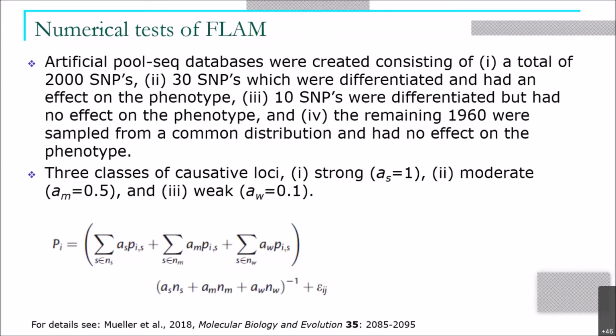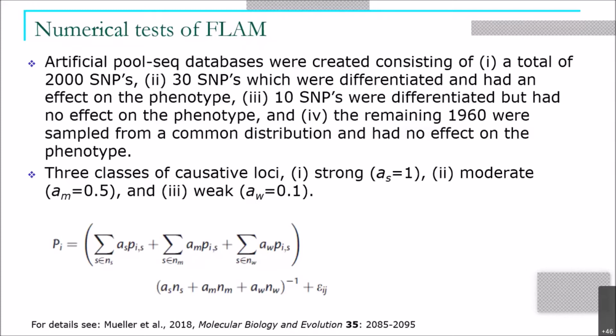And another 30 SNPs did have causal effects on the phenotype, and they were sorted into 3 bins of 10 loci each, where they had strong, moderate, and weak effects, where the strong effects had magnitude 10 times greater than the weak effects. So basically, you've got 5 types of SNPs in this simulated 2,000 SNP set.